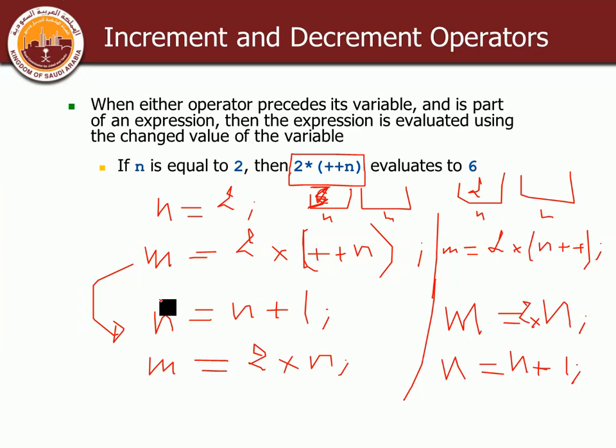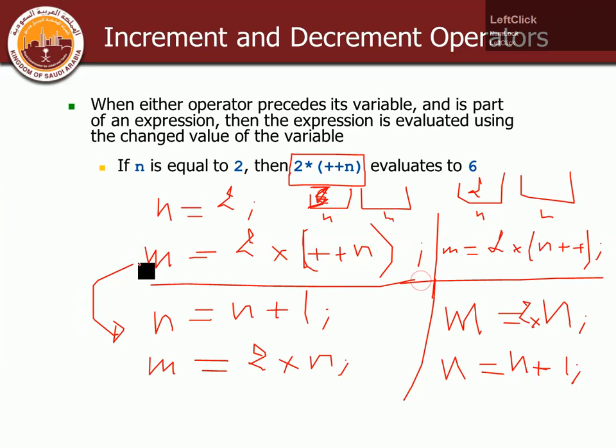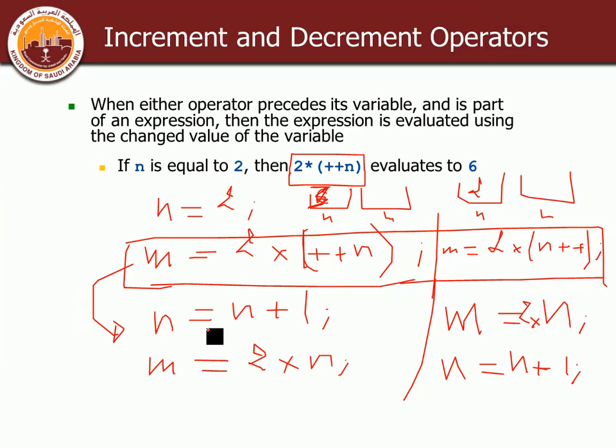I'm putting 3 inside of n. Now if I use 2 multiplied by n, what's inside of n? 3. So this is going to be 6, and I'm putting 6 in m. So in this case, with plus plus before, I started with the incrementation, n will end up being 3, m 6.